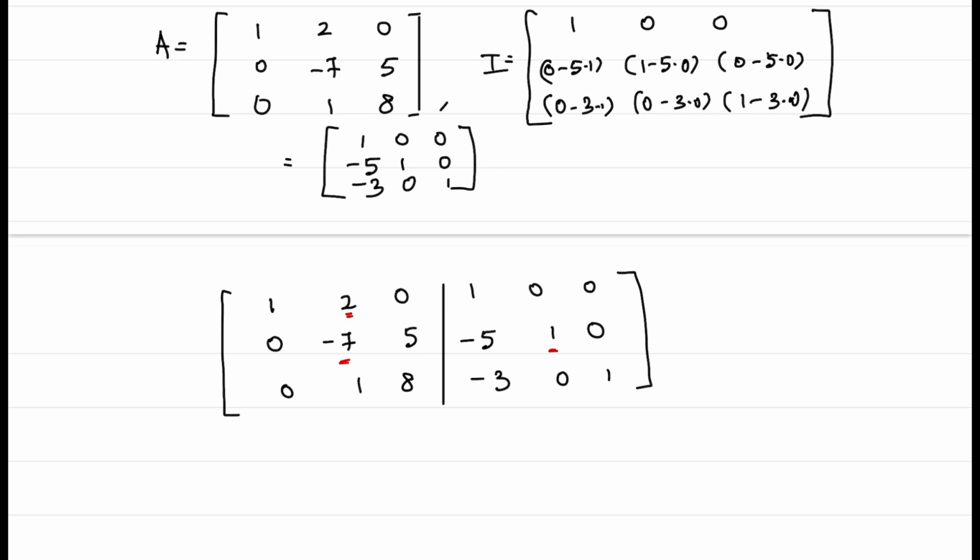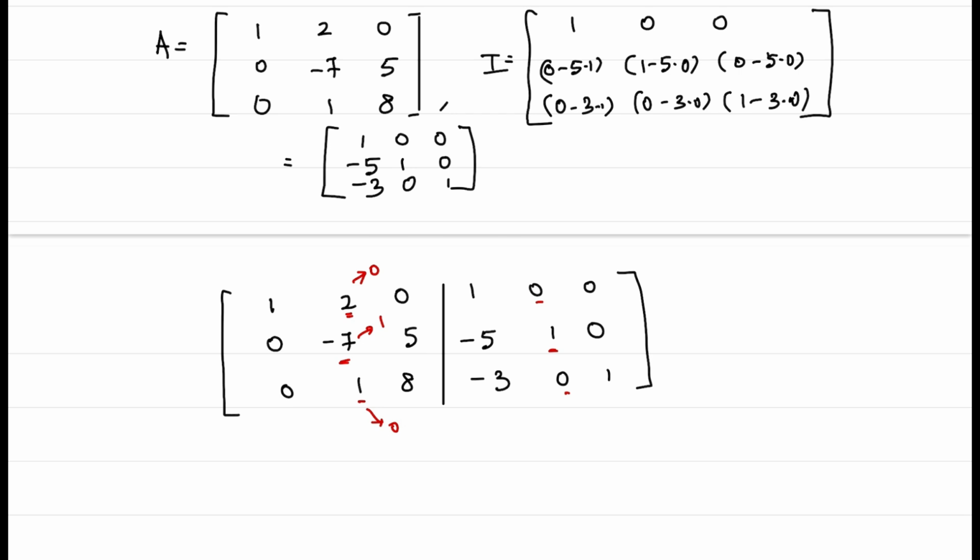Now I am taking the second column. In the second column, what do I have to do? The first row, second column element should be 0, and the third row, second column element should be 0. This and this, I have to make 0. And I have to make this 1.